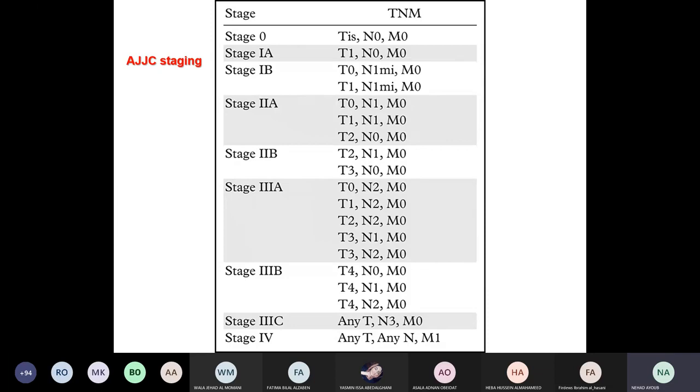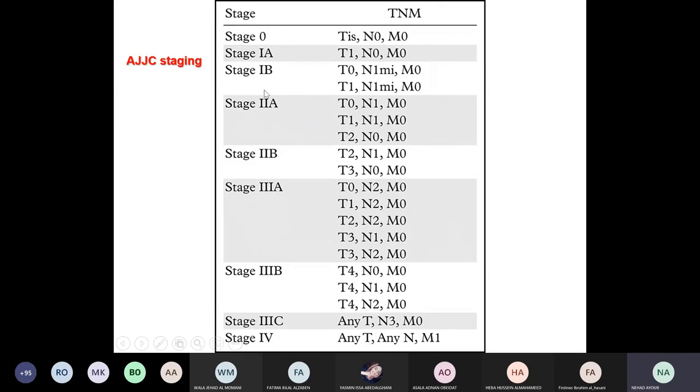Now when I have an invasive carcinoma, I start to stage from 1 to 4. Of course, this staging, the TNM system, comes from the American Joint Committee on Cancer. So when I know T, N, and M, the value of each, I can tell what stage the disease is.